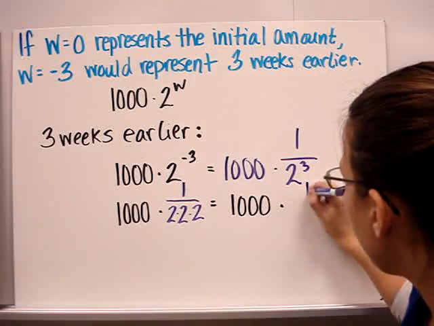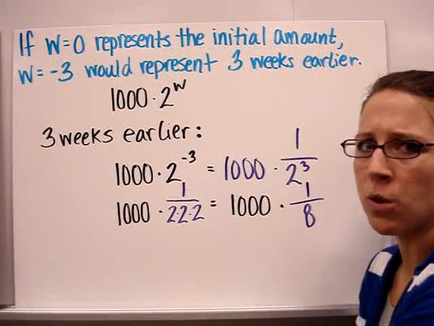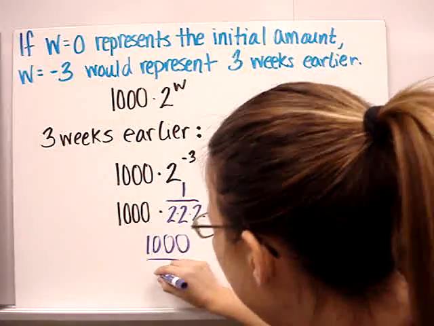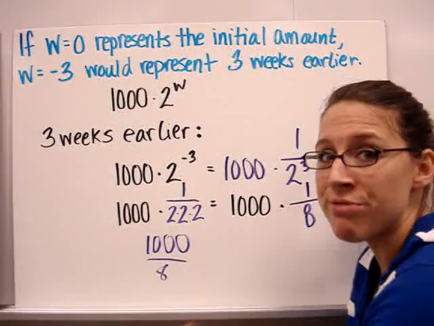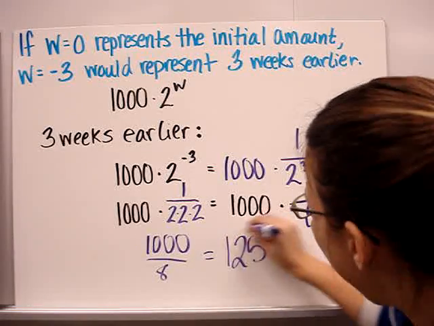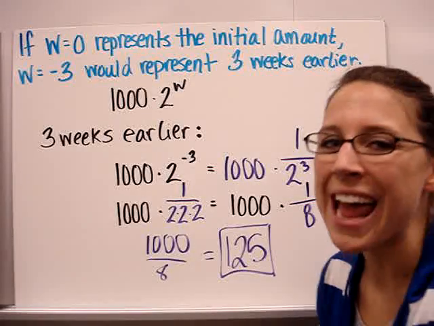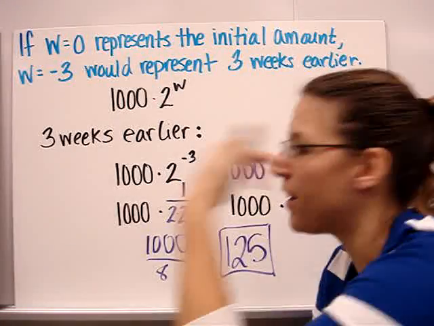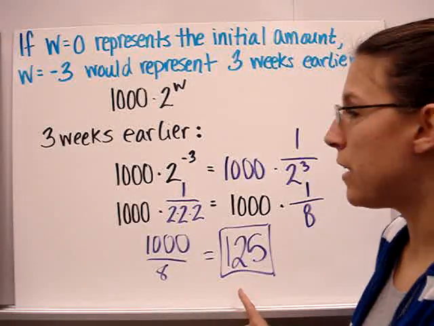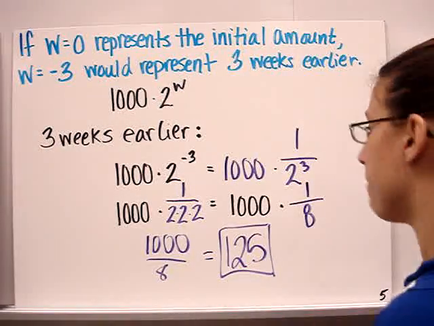So this is going to be 1,000 times 1/8. So then if I'm multiplying 1,000 times 1/8, that becomes 1,000 eighths. And then we can divide 1,000 by 8 to get 125. Now 125 is the number of aphids I had 3 weeks prior to the beginning of the experiment. Okay? 125. Good. Oh, that's it.